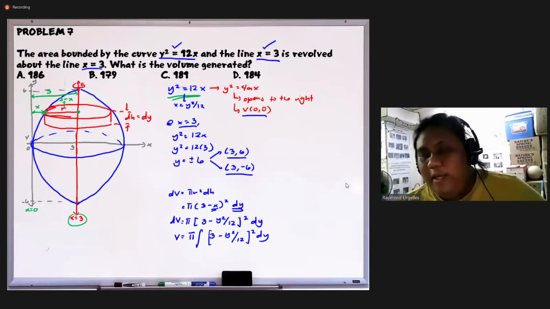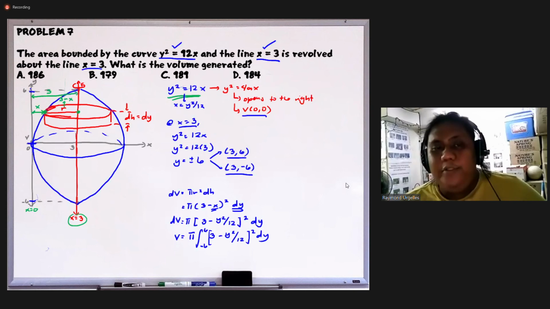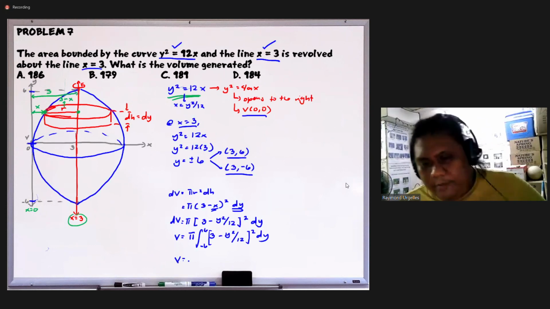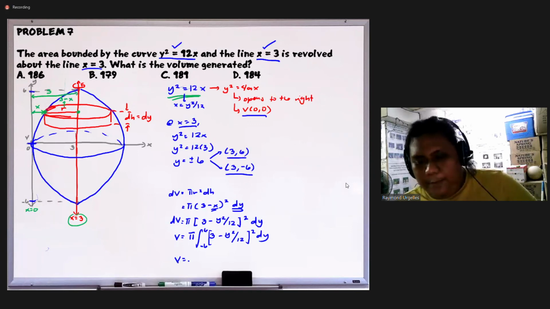Since it is dy, we look at the y-axis, from negative 6 to positive 6. Due to symmetry, you could halve it, 0 to 6 and multiply by 2, but let's just use this. So the volume is equal to pi times the integral of the quantity 3 minus y squared over 12, squared, from negative 6 to positive 6.